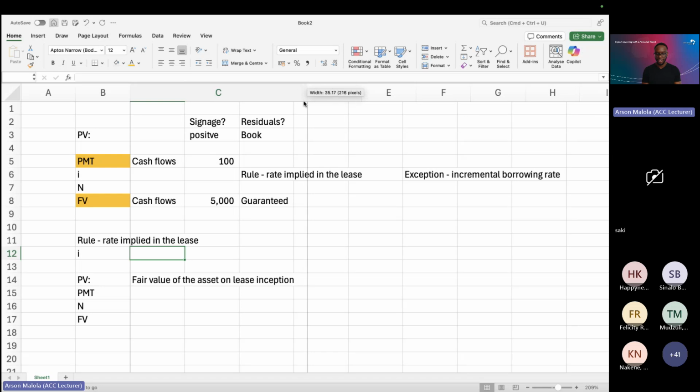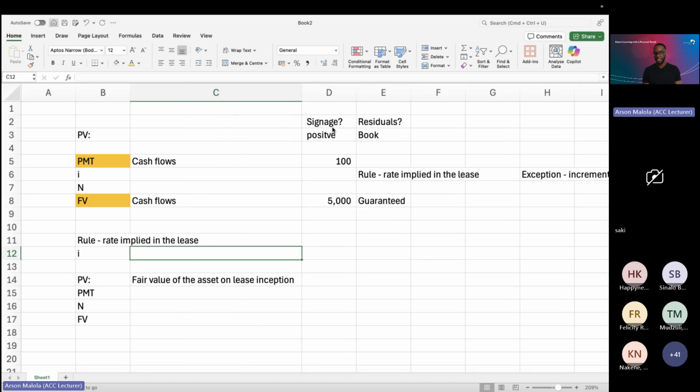So this is where now the signage becomes important, because it depends on what you've picked. If I've picked all of my cash outflows to be positive, let me just copy these numbers down here. So I've picked all my cash outflows to be positive, then this fair value number needs to be a negative number, because it's the other way around. It's not really a cash outflow or inflow, it's more like the asset coming in, cash going out.